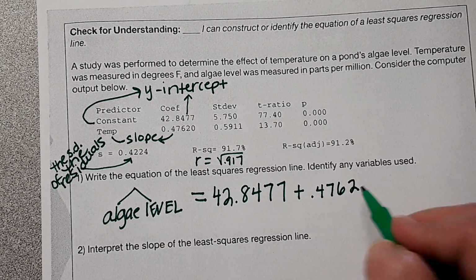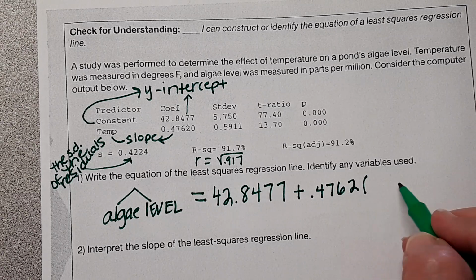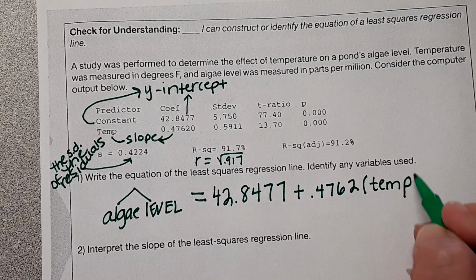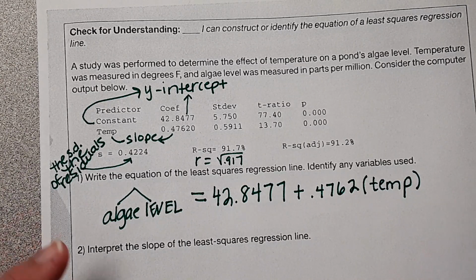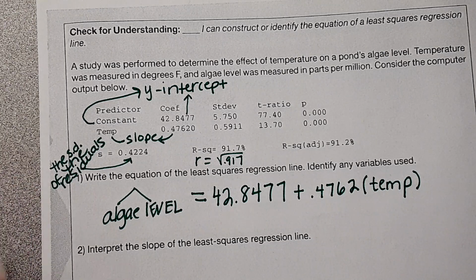You don't have to put the 0. And then you're going to multiply it by what? What's the word that's going to go there? Temperature. That right there will give you an E. That's what you're striving for. I will take points off if you don't do that.